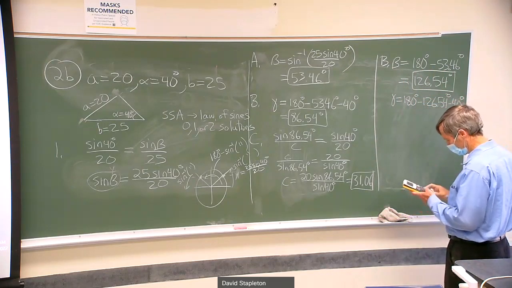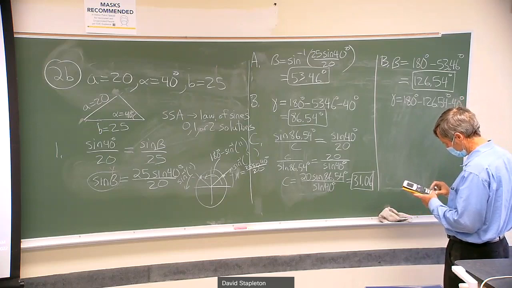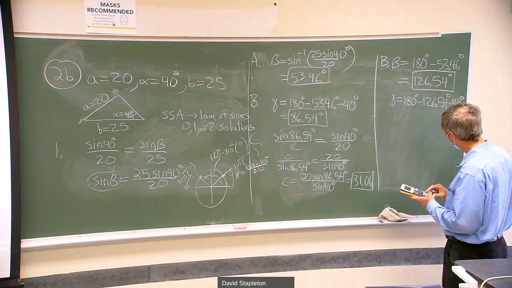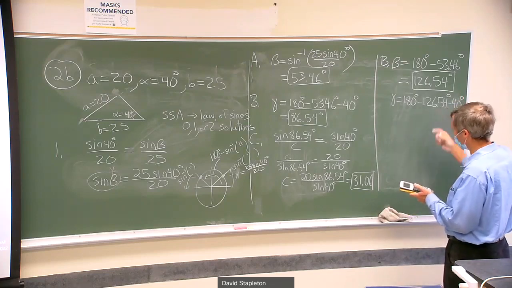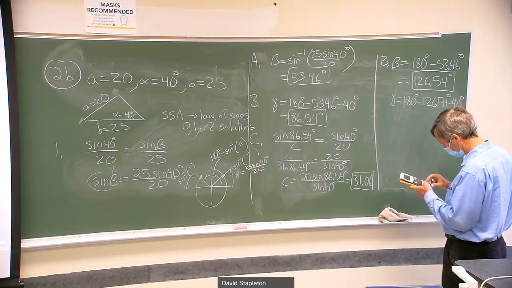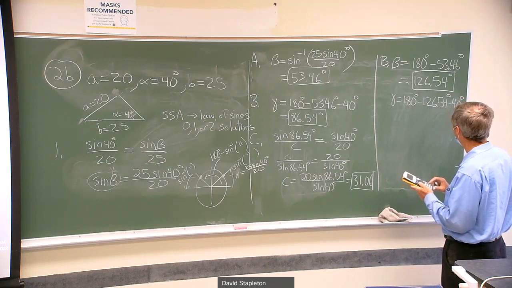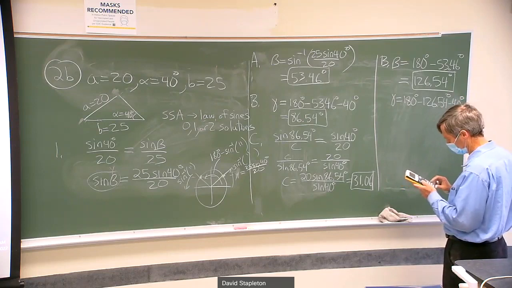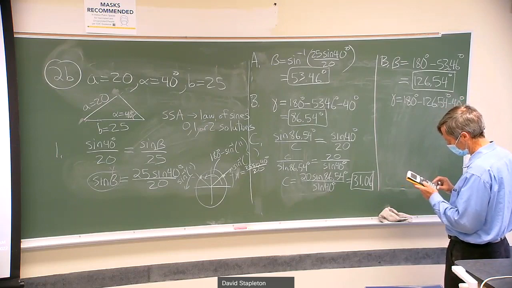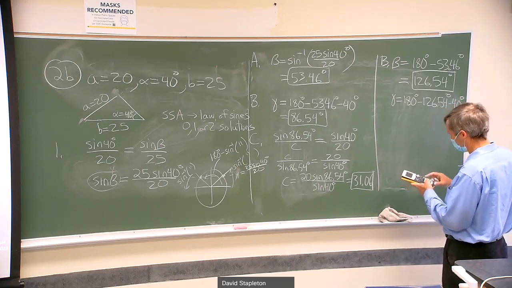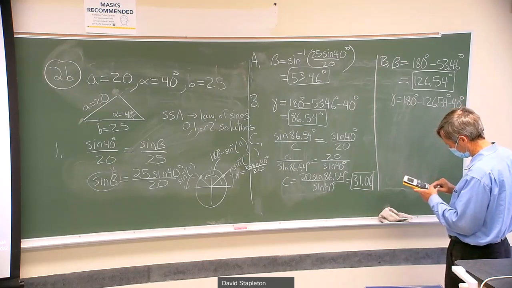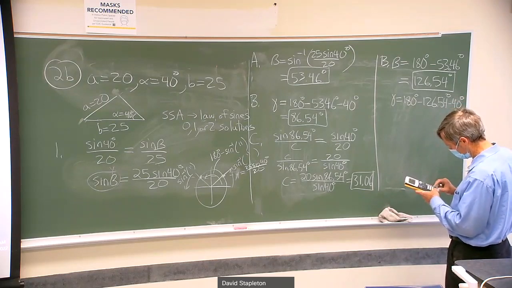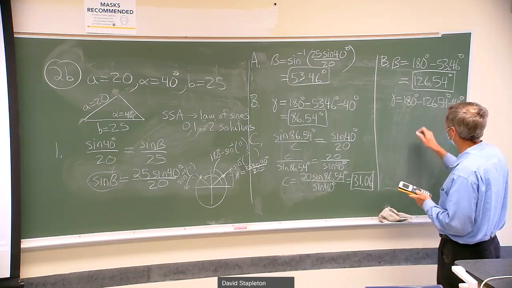And what do I get? 180 minus... I didn't do that right. Oh, that's because I had the other angle. I'm sorry. Okay, 180 minus 126.54 minus 40, and I get 13.46.